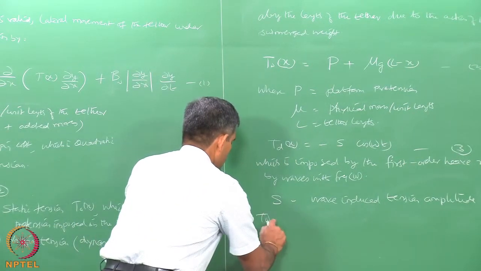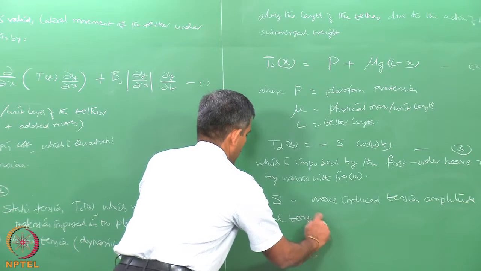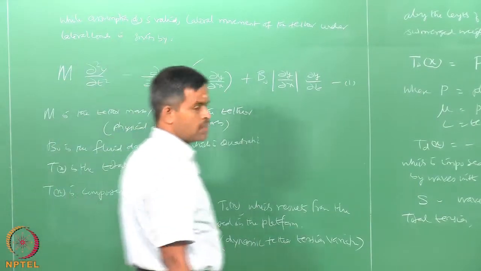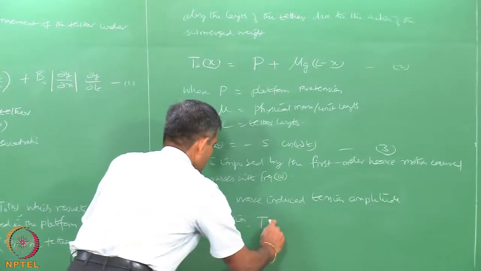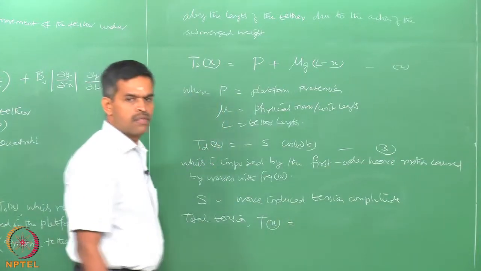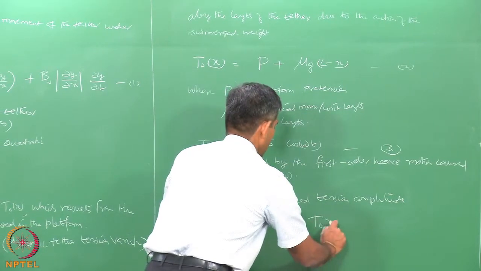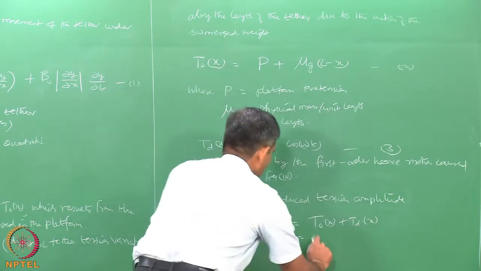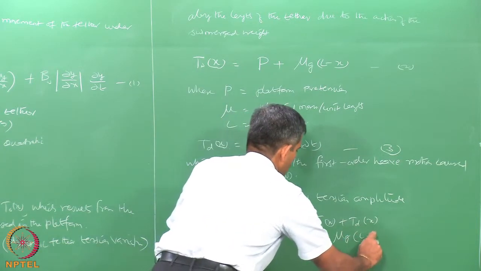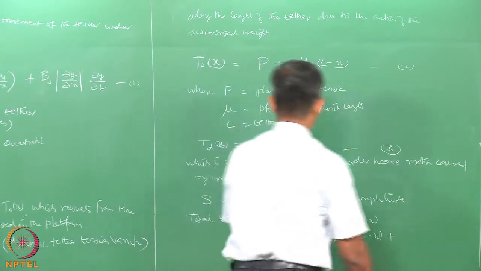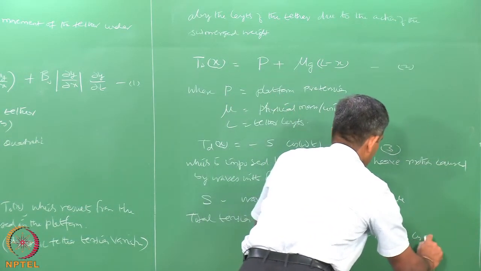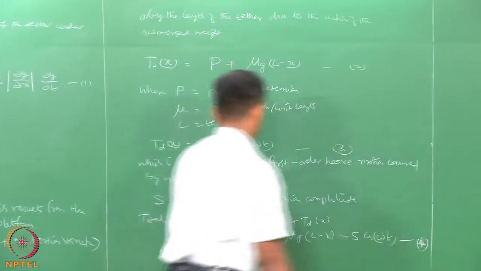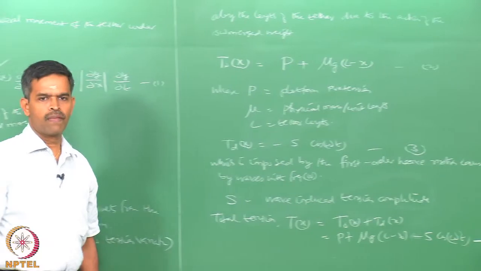Therefore, total tension, which I need to substitute in equation 1, that is Tx is T0x plus Tdx, which is P plus mu g (L minus x) plus minus S cos omega t.